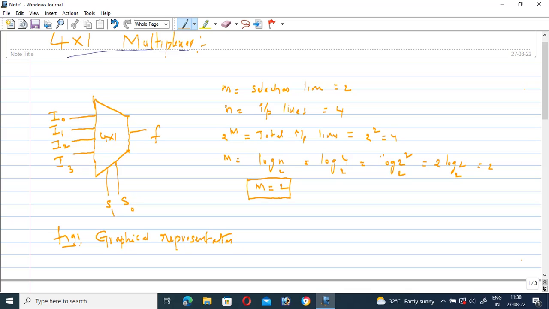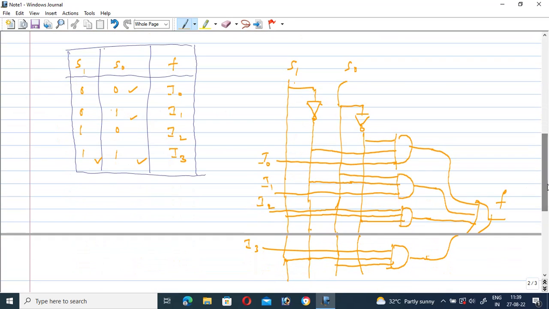The total number of selection lines in the case of the 4x1 multiplexer is 2 only. If S0 and S1 are the two input selection lines, when both are 0 0, at that time it selects only the I0 value. This is the truth table. When 0 1, that means S1 is 0 and S0 is 1, then it selects the I1 value.